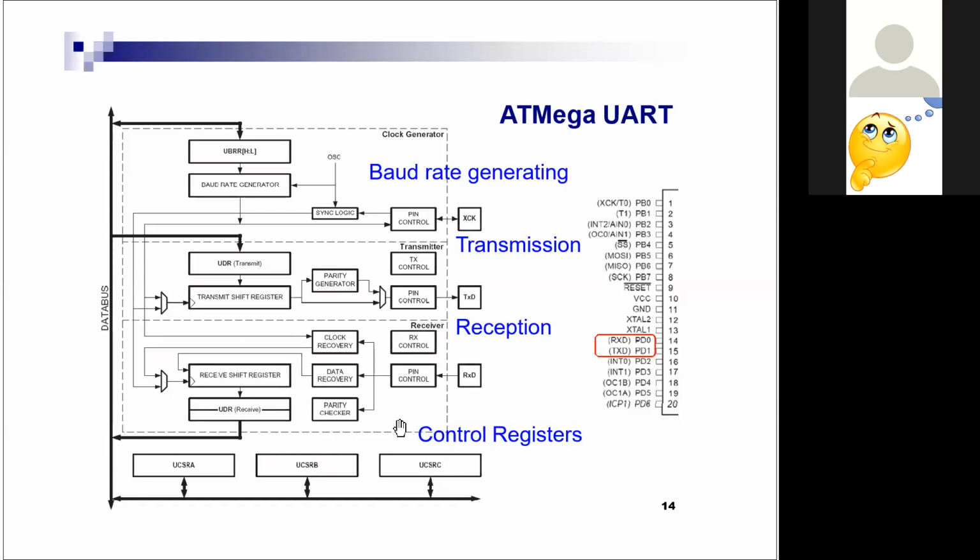All this will be controlled by the control register. So you are simply saying that we have two pins, RXT and TXT, but inside it has the working of baud rate generation, transmission of signal, reception of signal, and control registers.